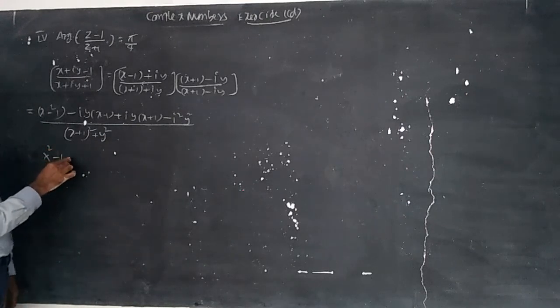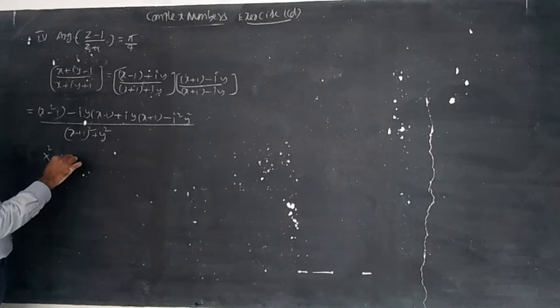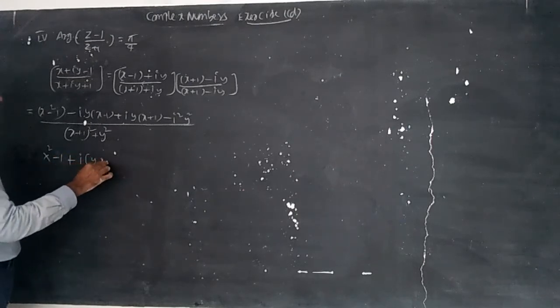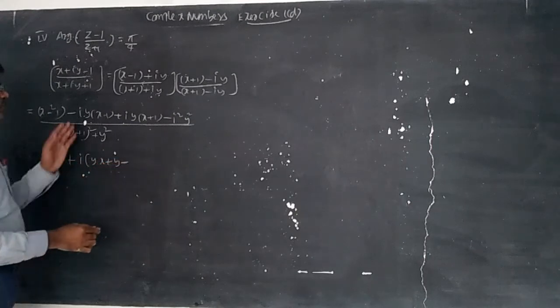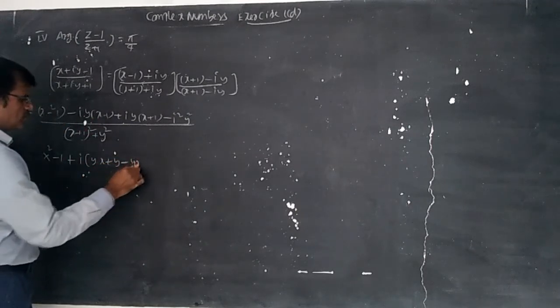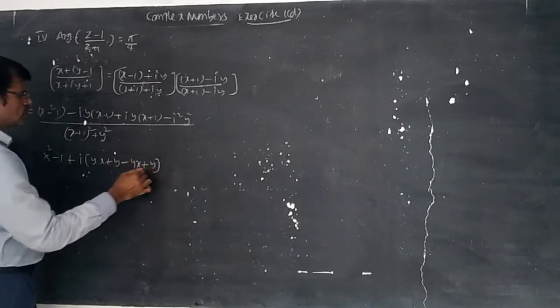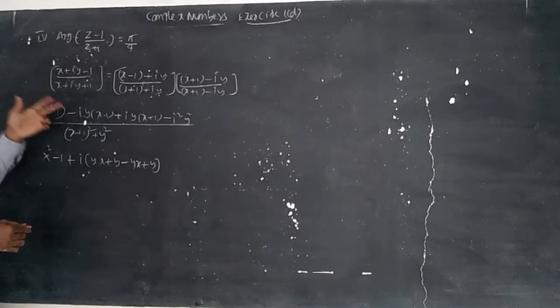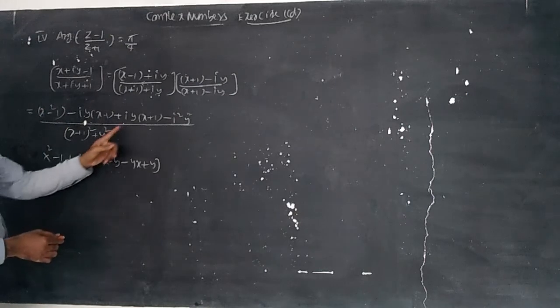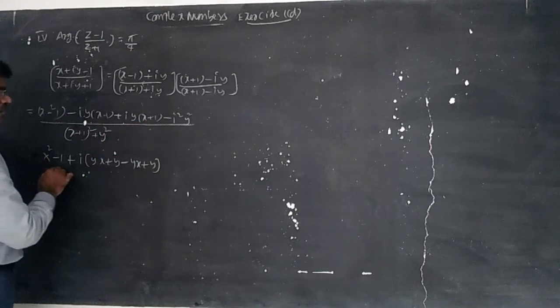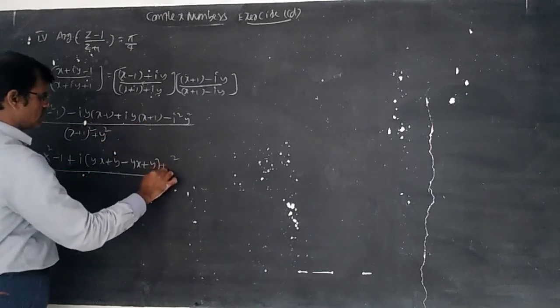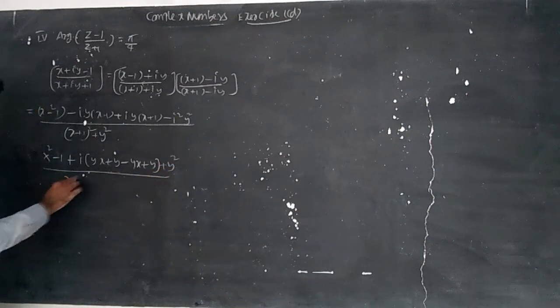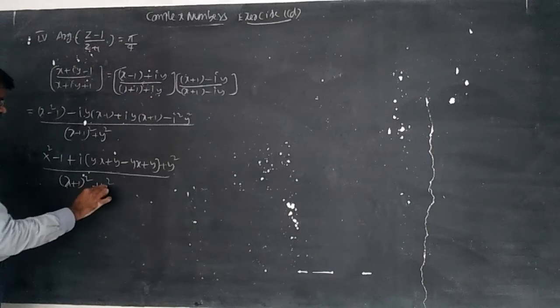This is x square minus 1 plus i taken common, yx plus y minus yx plus y, plus y square by (x plus 1) whole square plus y square.